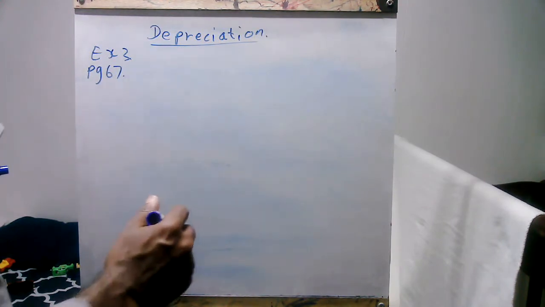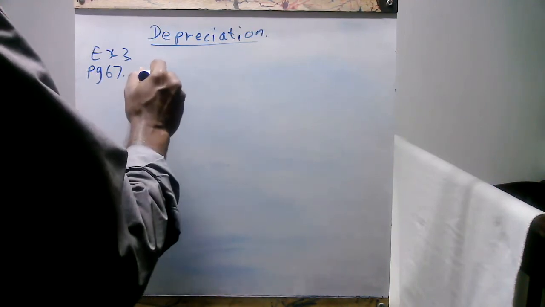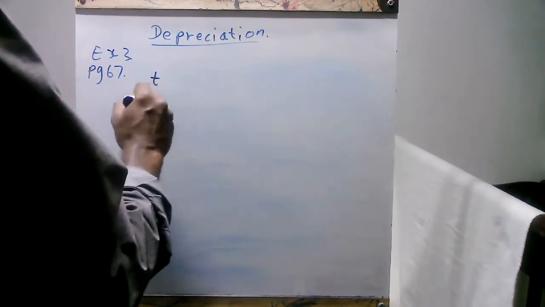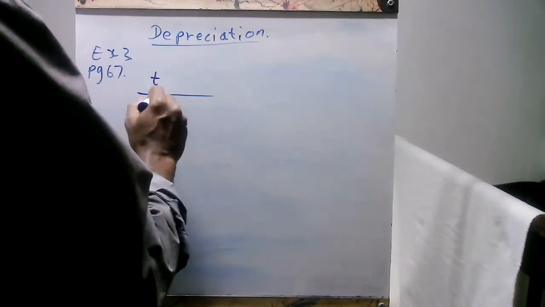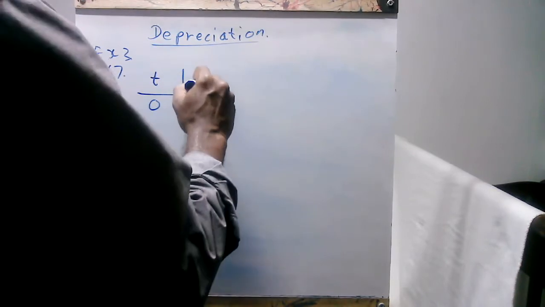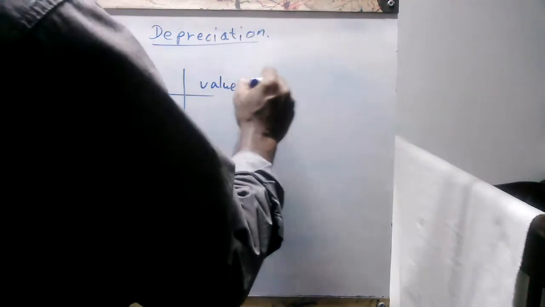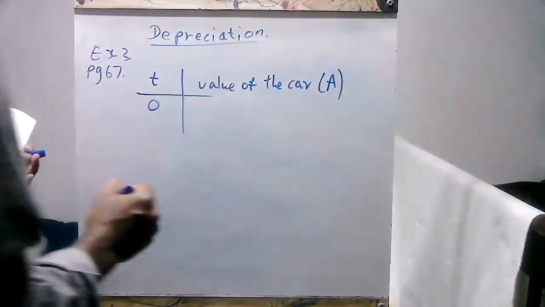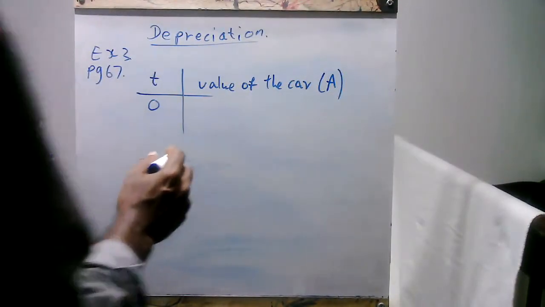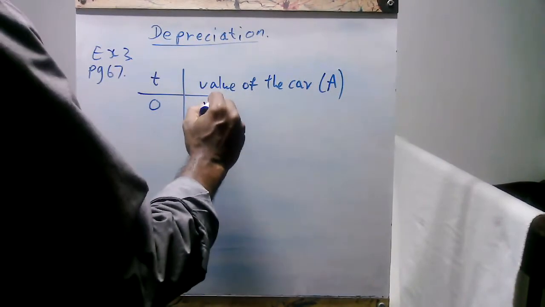Okay. At the beginning, that means when t equal to 0, value of the car, they ask us to take it as A, is 13,000.